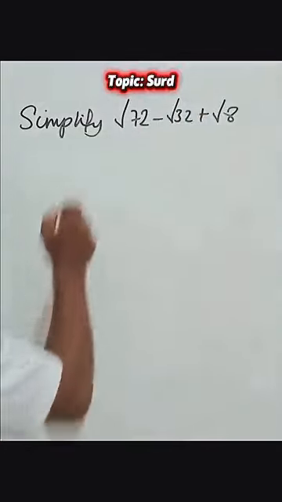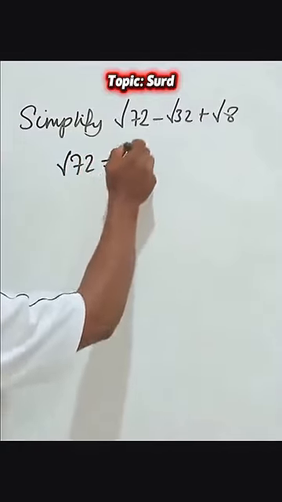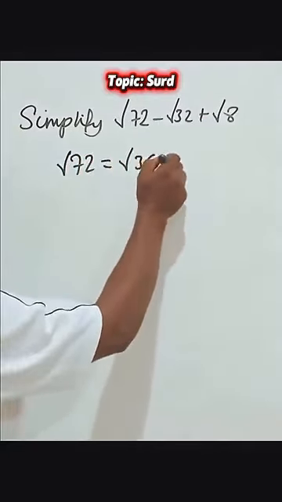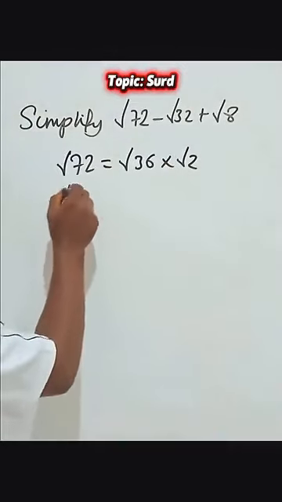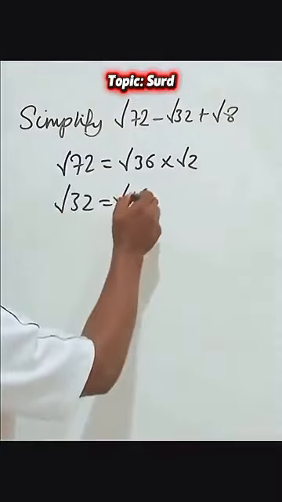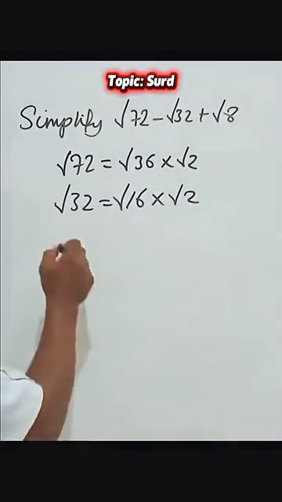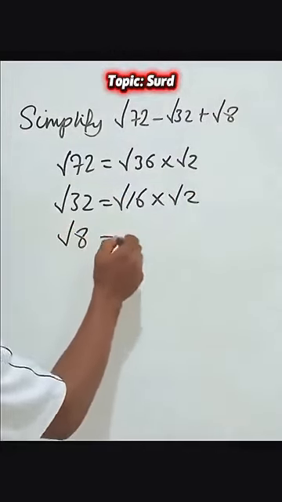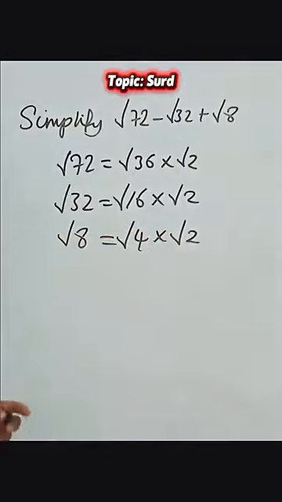So, the root of 72 is the same thing as the root of 36 multiplied by the root of 2. And the root of 32 is the same thing as the root of 16 multiplied by the root of 2. The root of 8 is the same thing as the root of 4 multiplied by the root of 2.